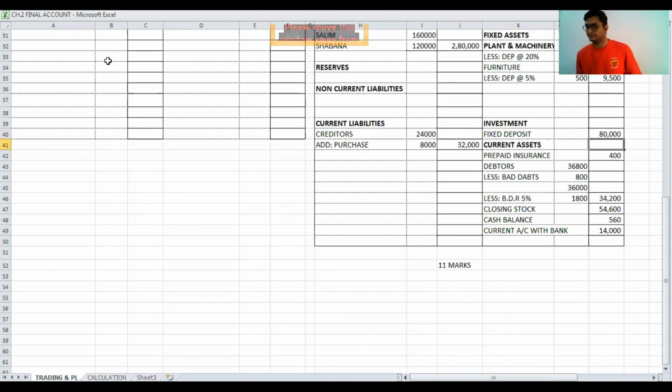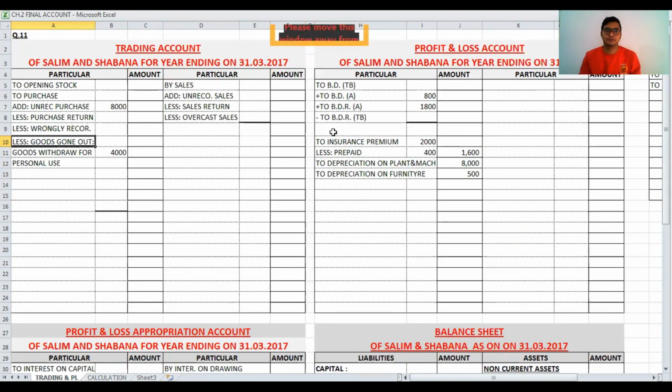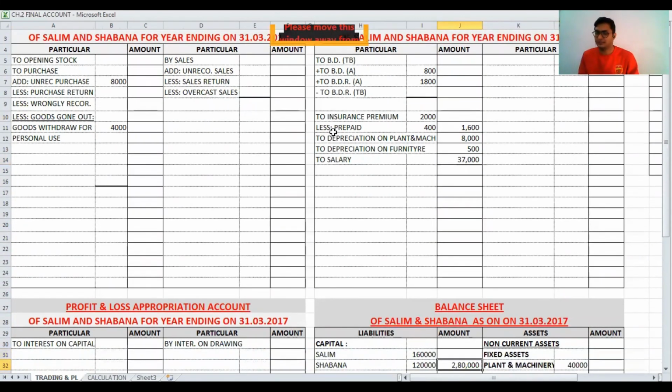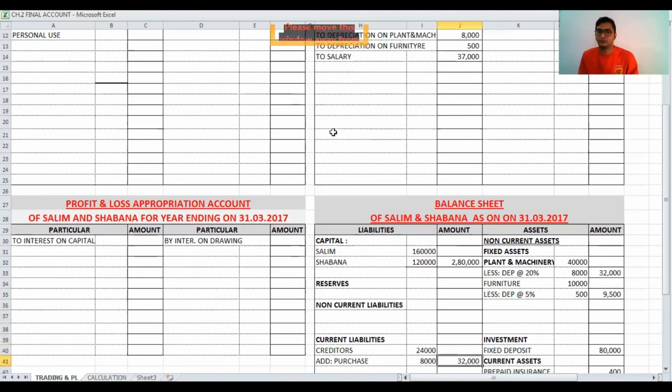Then after, debtors and creditors, debtors done, creditors done, salary in P&L account debit side to salary amounting to 37,000. Then after, land and building in balance sheet liability side 40,000.